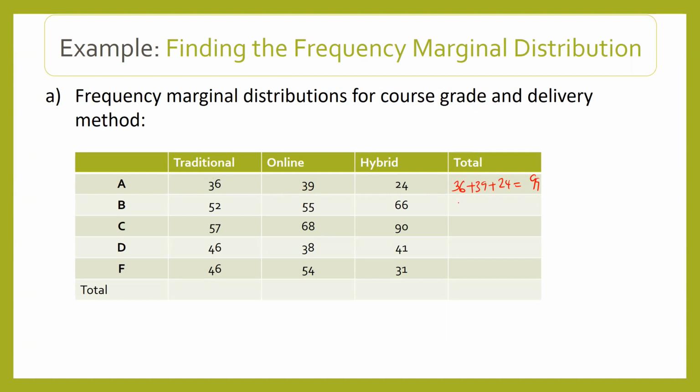The same thing here, 52 plus 55 plus 66, that would be 173. Across, 57 plus 68 plus 90 would be 215. 46 plus 38 plus 41 would be 125. 46 plus 54 plus 31 would be 131.